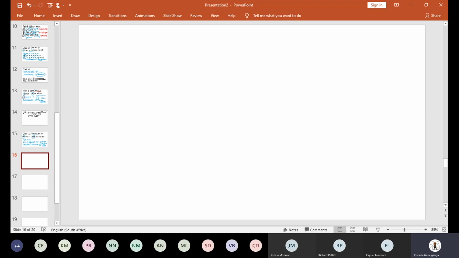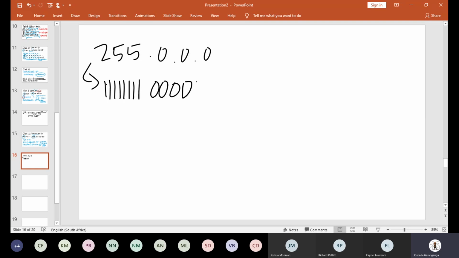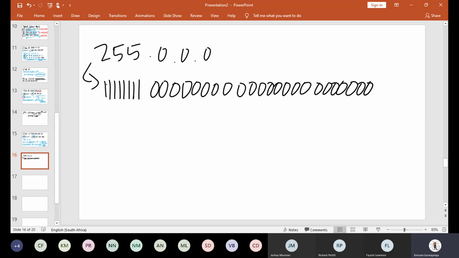So as an argument, let's look at the Class A default mask. The Class A default mask is 255.0.0.0. If you were to represent this in binary, it would be 8 ones, then 8 ones, 8 ones, and another 8 ones.